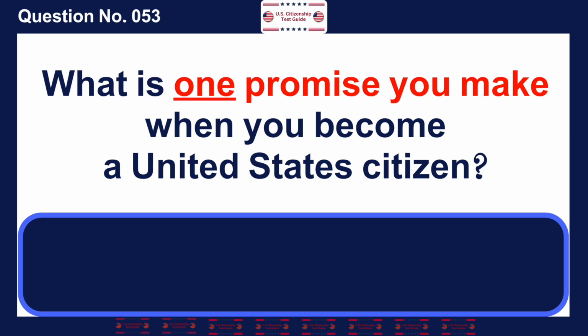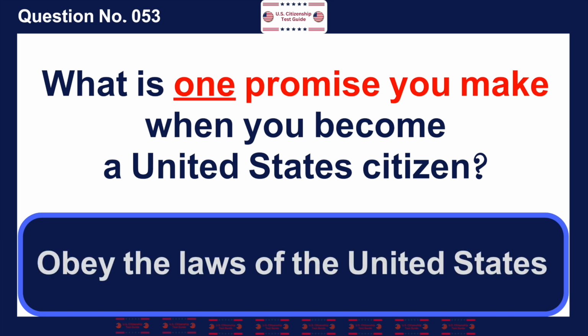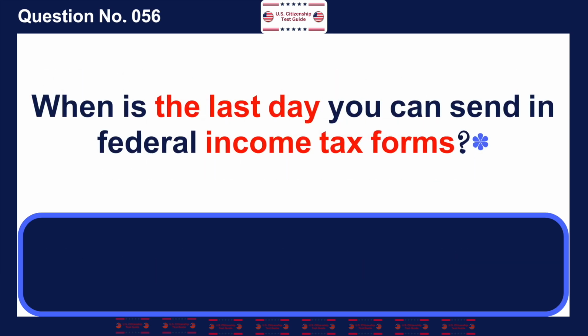What is one promise you make when you become a United States citizen? Obey the laws of the United States. When is the last day you can send in federal income tax forms? April 15.